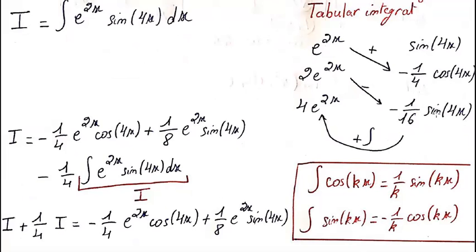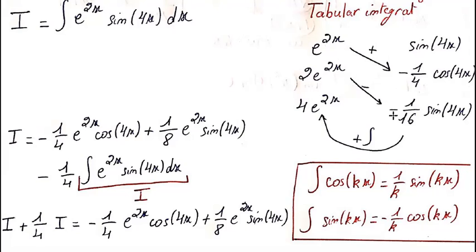I used them here. So my integral that I'm trying to solve would be plus e^(2x) multiplied by minus 1 over 4 cosine 4x. So it's minus 1 over 4 e^(2x) cosine 4x, minus 2e^(2x) multiplied by minus 1 over 16 sine 4x.